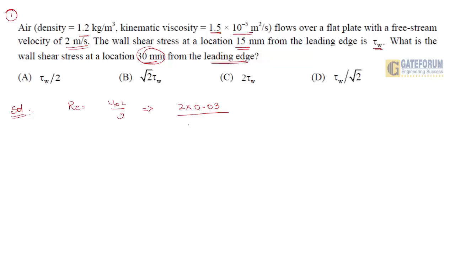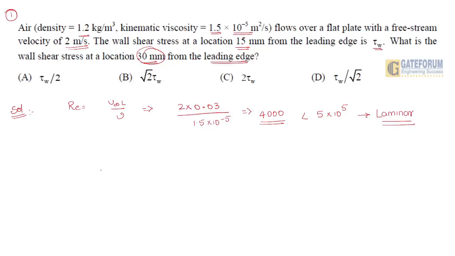Nu is the kinematic viscosity, 1.5 into 10 power minus 5 meters square per second, given to you. Solving this, we get around 4000. Reynolds number is around 4000. Whenever it is less than 5 into 10 power 5, we call it laminar flow.